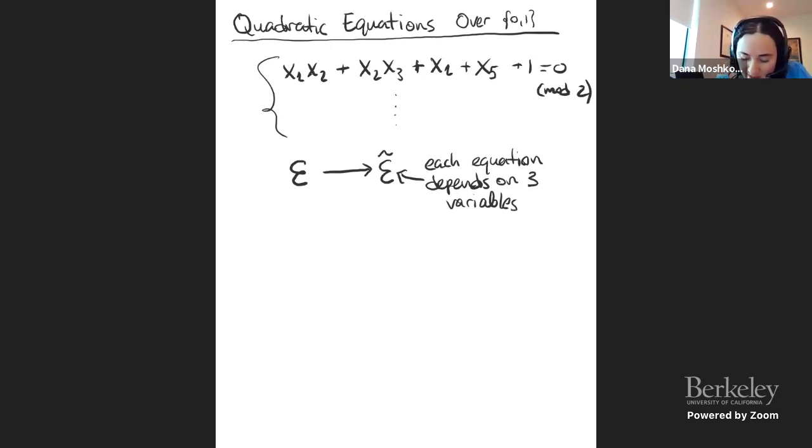And as I said, this transformation that I'm going to define is not going to be polynomial. In fact, this is the weak aspect. This E tilde is going to be huge. It's going to be exponential in the size of E, but each random equation will be generated in polynomial time.